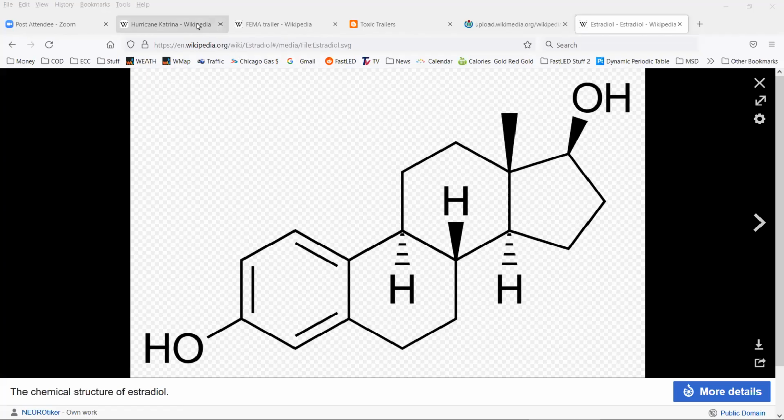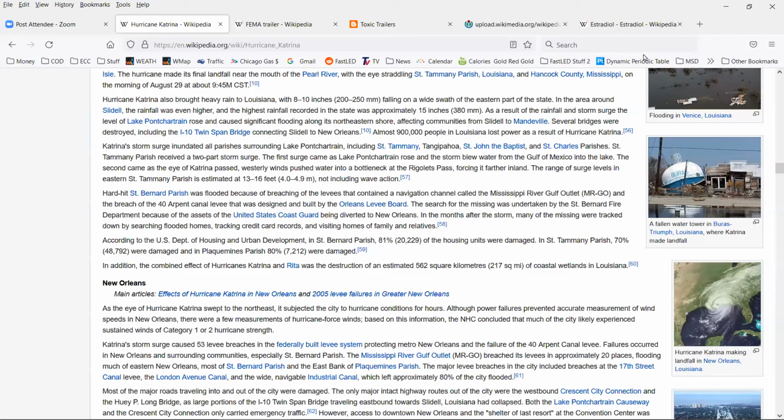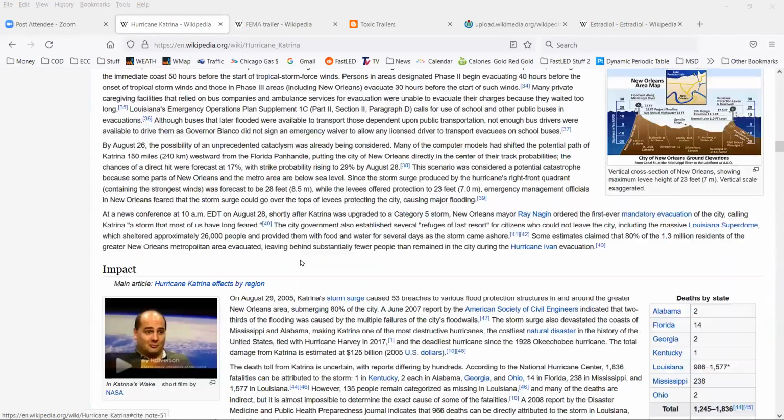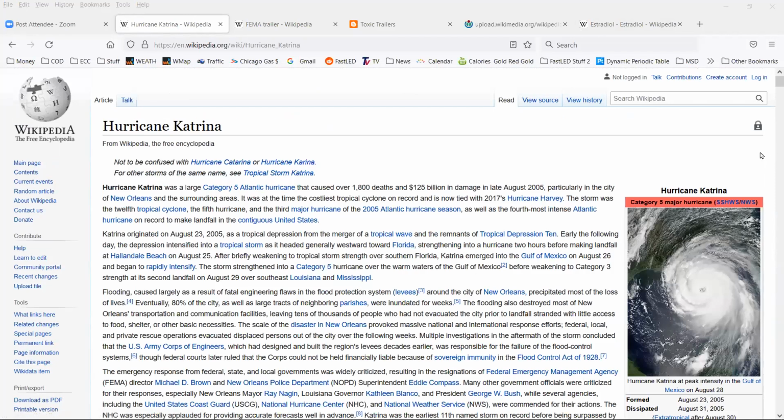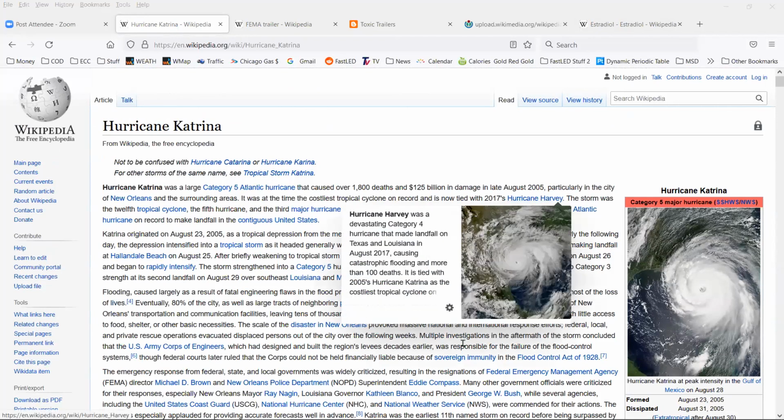And let me show you a couple of things. All right, everybody see Wikipedia, Hurricane Katrina, and it caused 1,800 deaths, and it was in August of 2005.